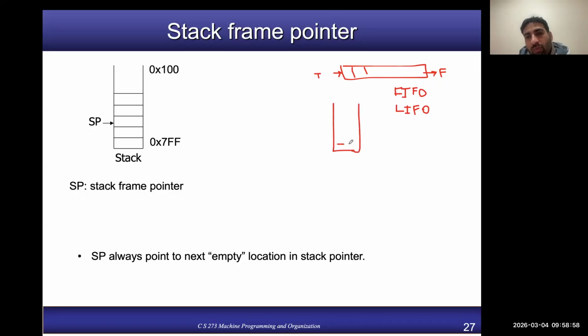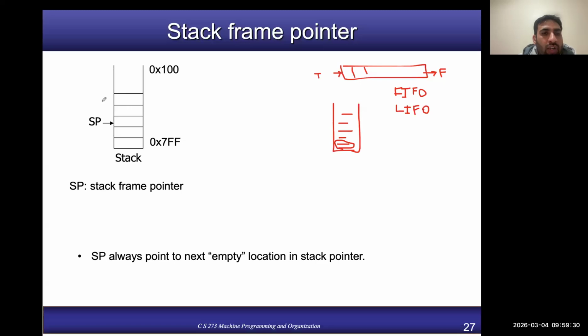Let's say you have multiple plates, and whenever a customer comes, he will first get the plate which is on the top of the stack, and that plate was the last one to be placed on the stack. The plate which was placed first in the stack is at the bottom and will be the last one to be retrieved from the stack, right? So this is the same principle used in the stack data structure.